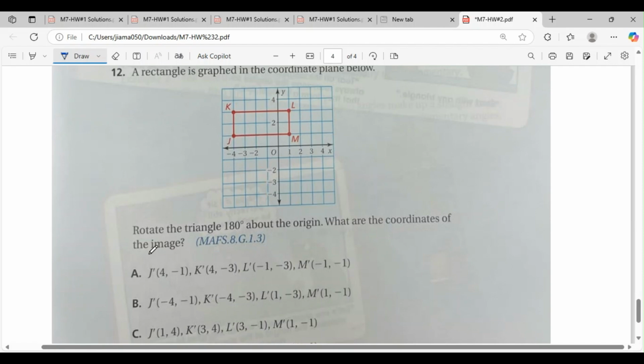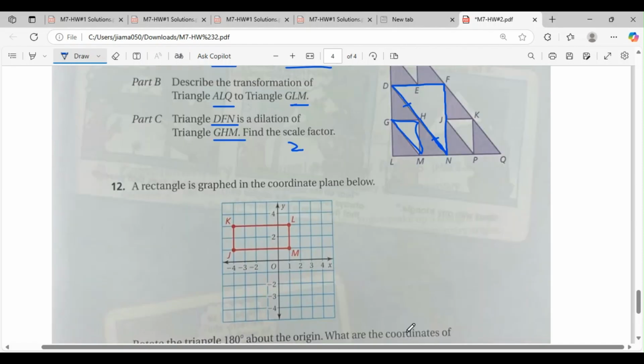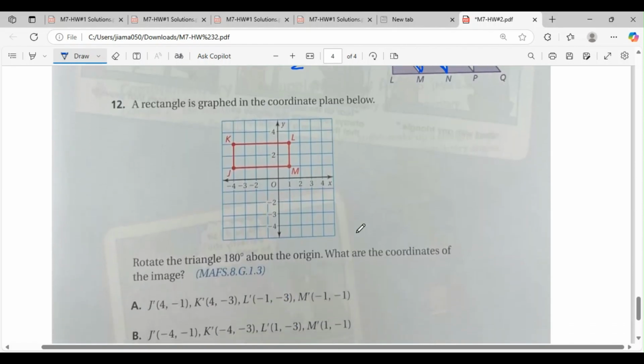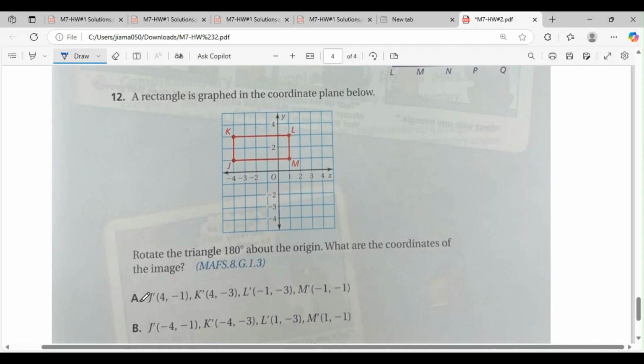Okay, let's see. Okay, so number 12. This might be a mistake. This is not a triangle. Okay, so this is the rectangle. Okay, let's ignore it. Let's see the figure.